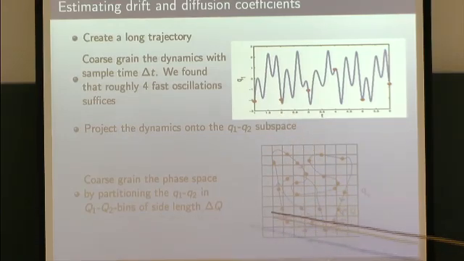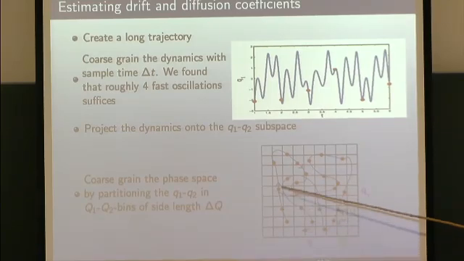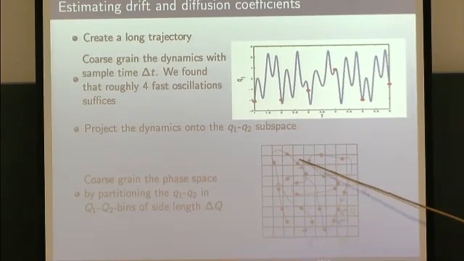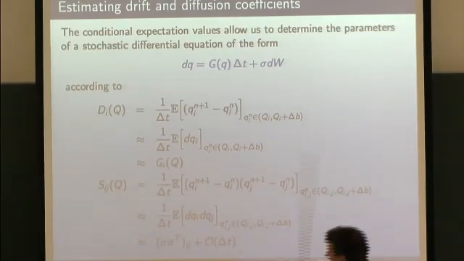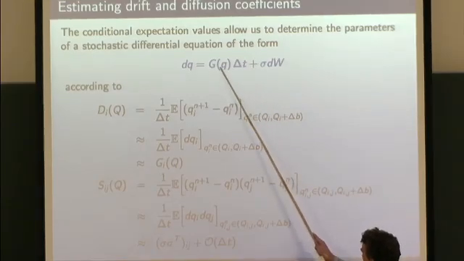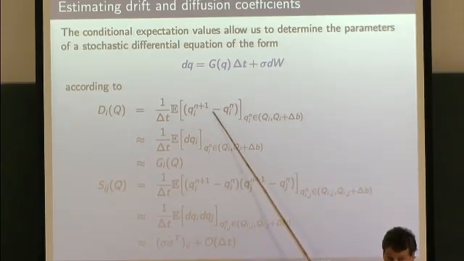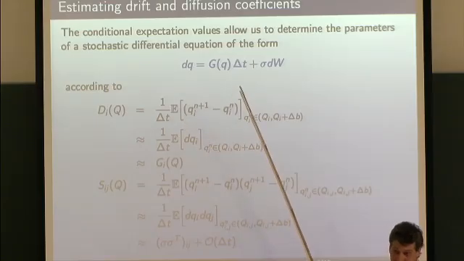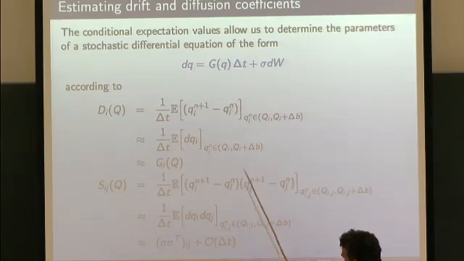So then you coarse grain your state space, and then here, the blue is your true trajectory, and here are your sampling points. And now you measure how often you go from here to here, and then that will give you estimates on your diffusion coefficient, the G. That would just be time differences, it's like going to a Fokker-Planck equation and estimating the drift and diffusion coefficients.